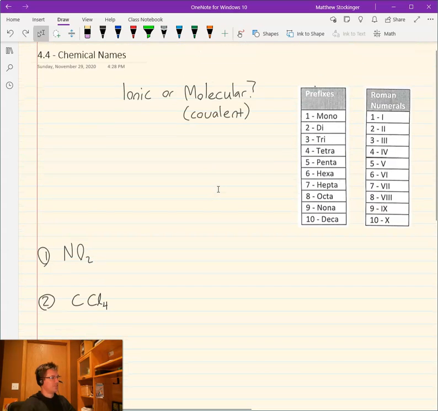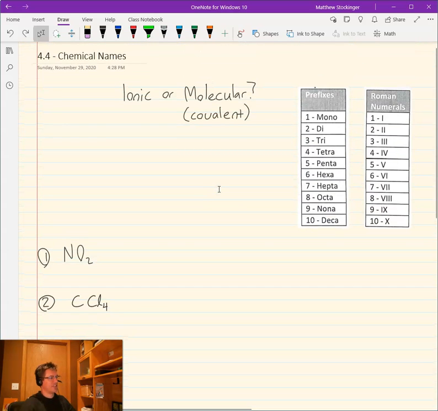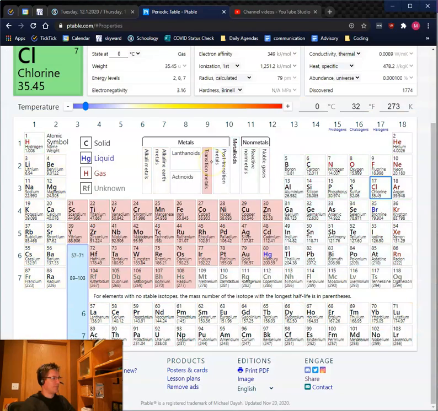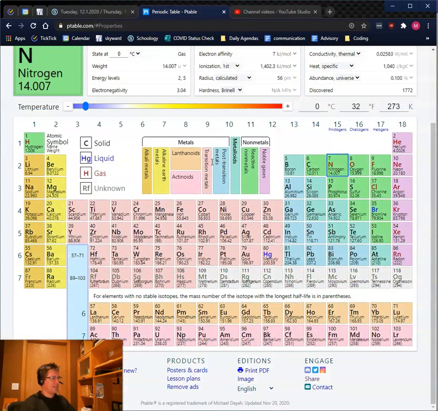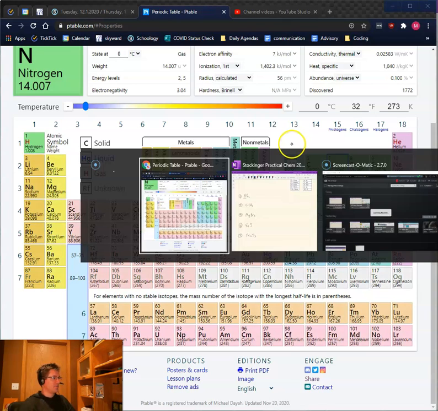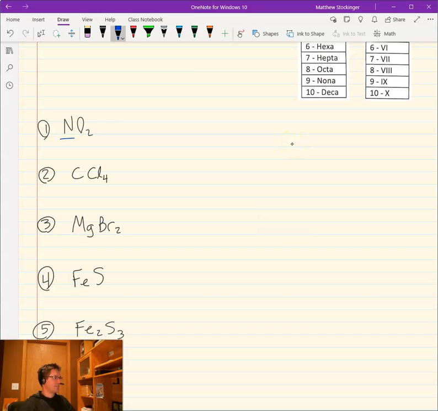So let's do that for all of these 5 examples right away so that we have something to go off of. This compound starts with N, so we pop up a periodic table, and nitrogen is up here in the reactive nonmetals. So this is nitrogen and oxygen. That's 2 nonmetals. This is a molecular compound.